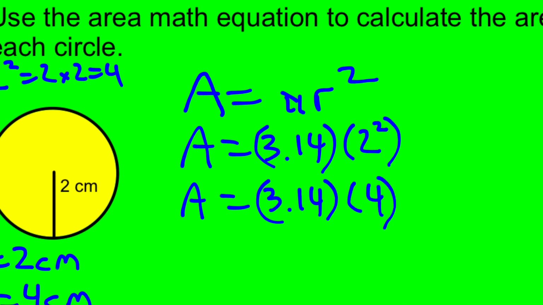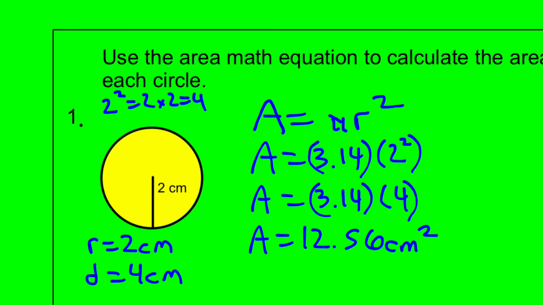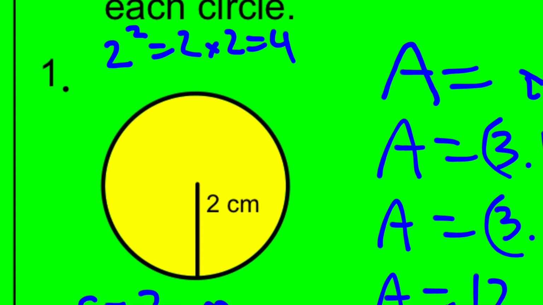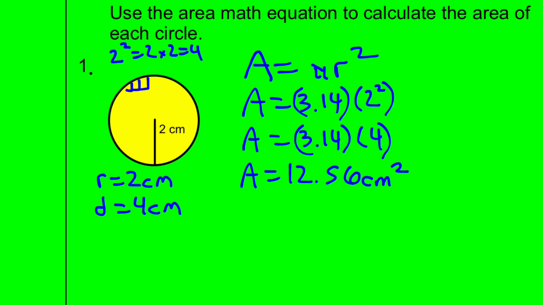We have to do that exponent first, and then we have to do the multiplication, 3.14 times 4. The area of this circle is 12.56 centimeters, and this is squared because we're talking about the area of this circle, the number of squares that will cover the inside of this circle. So the area of this circle is 12.56 centimeters squared.